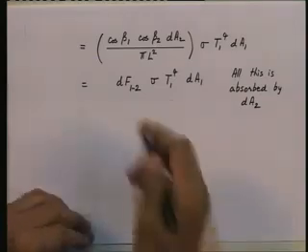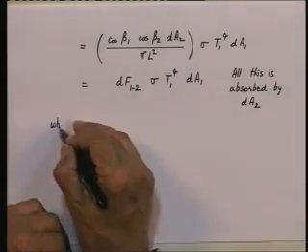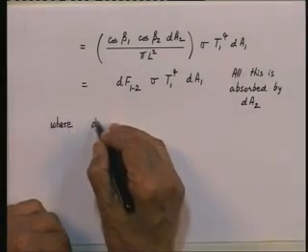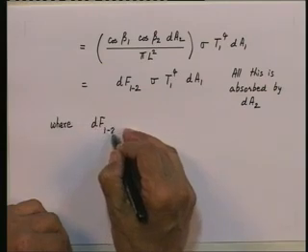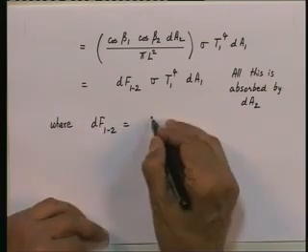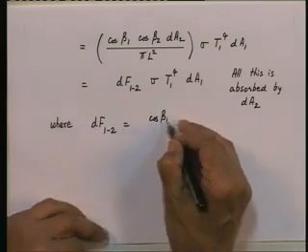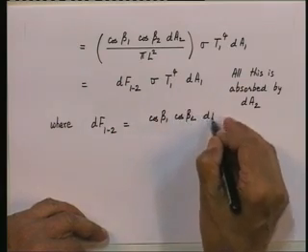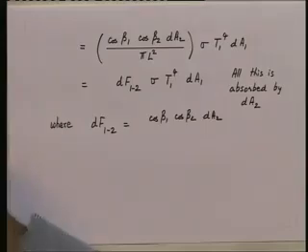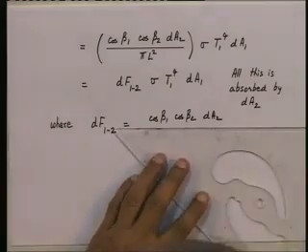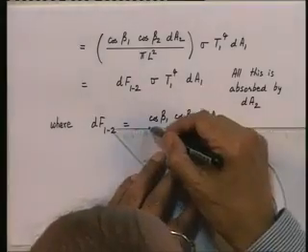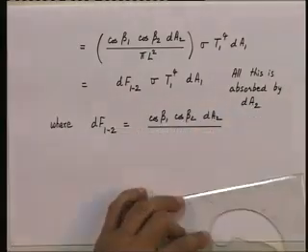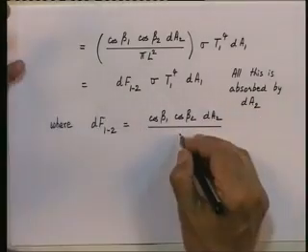So, this is the expression where the symbol dF 1 to 2 is equal to cosine beta 1 cosine beta 2 dA2 divided by pi L squared.